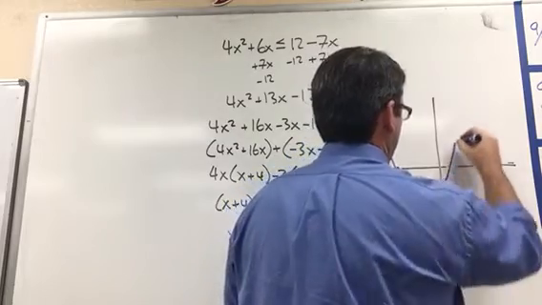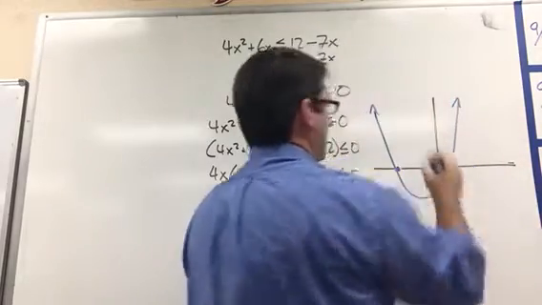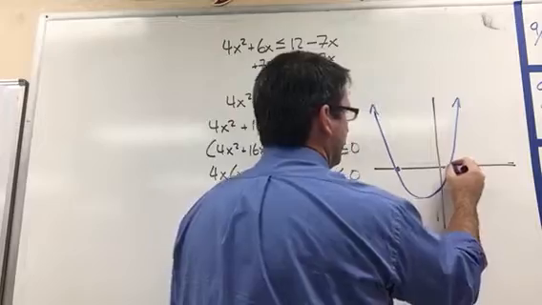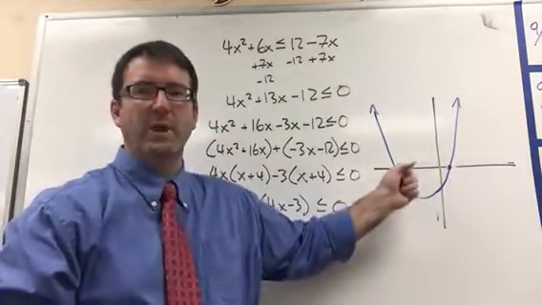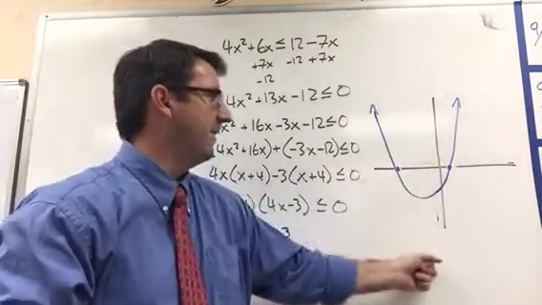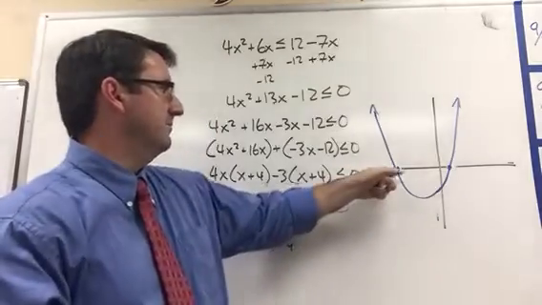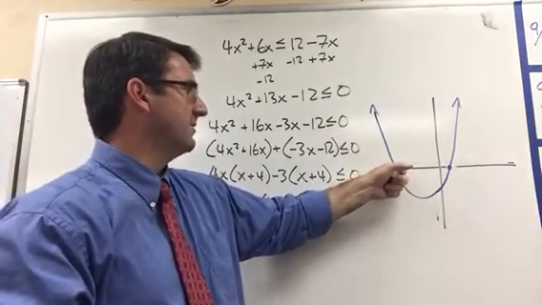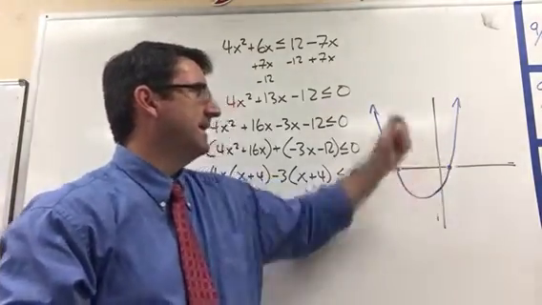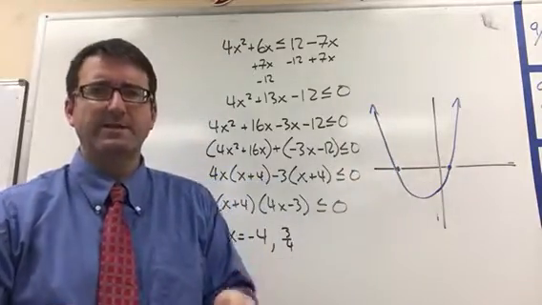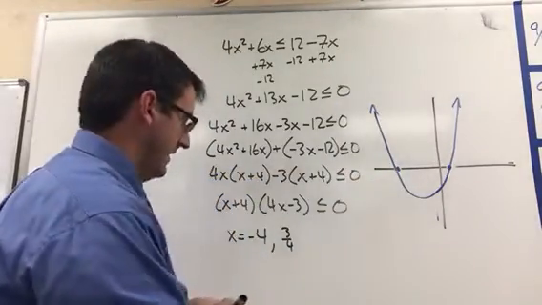But we're not really worried about how far down this goes. What we're concerned with is that we get our zeros and that we've got this parabola going in the right direction.